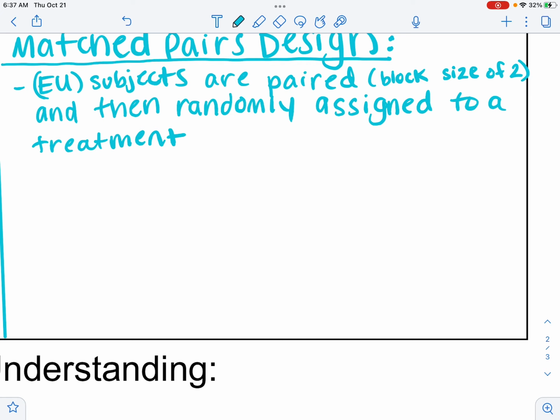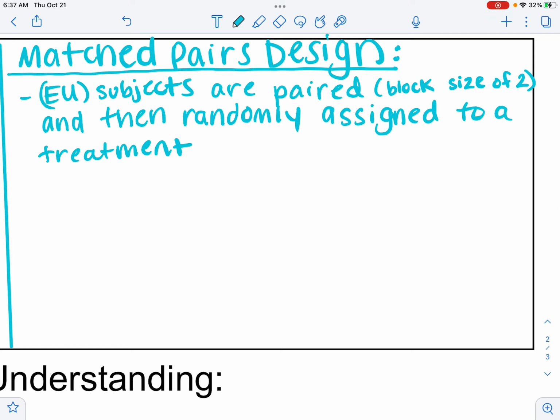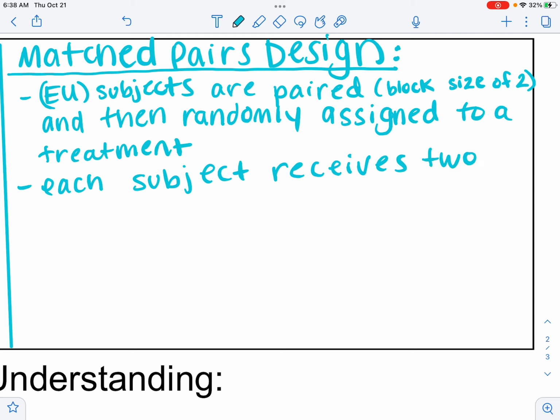in a pair, it's pretty easy to say, like, just flip a coin, right? I don't have to go through the whole randomizing process. Flip a coin, that's pretty easy to do. And then here, each subject receives 2 treatments.